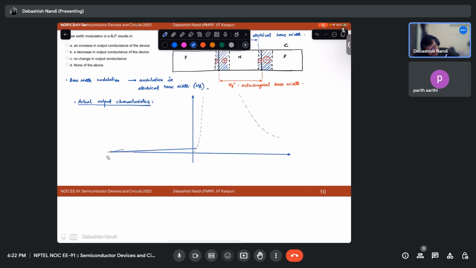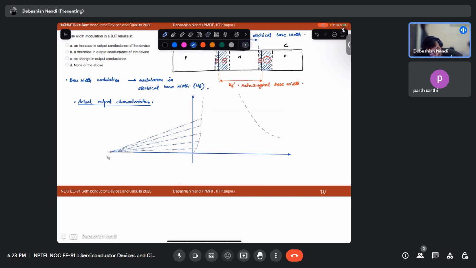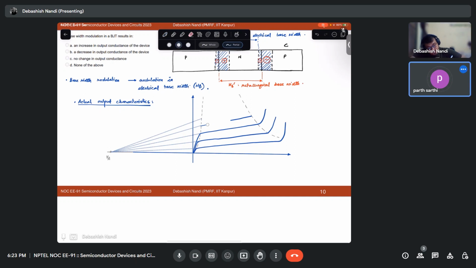So generally, this I will make dotted, and your IV characteristics look something like this, and then it will drop.